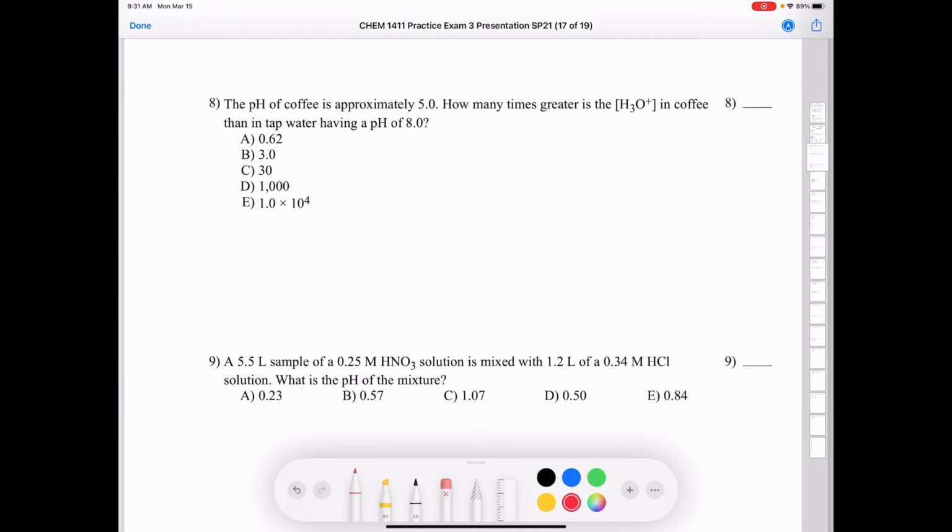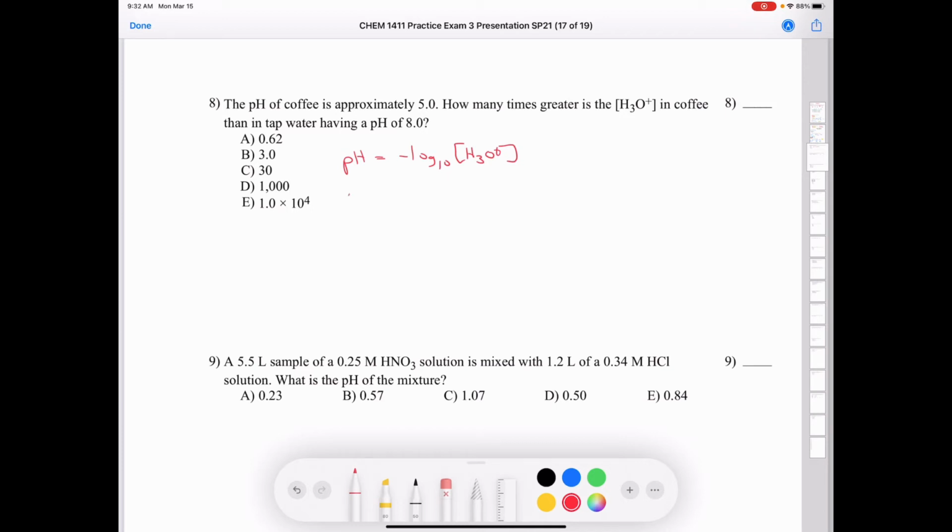Question number 8, the pH of coffee is approximately 5.0. How many times greater is the hydronium concentration in coffee than tap water that has a pH of 8? Well, I know that pH is calculated as the negative log base 10 of the concentration of hydronium. So that means that every time the pH changes by 1, I get a factor of 10 change in the acidity.